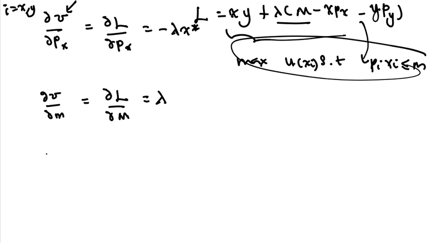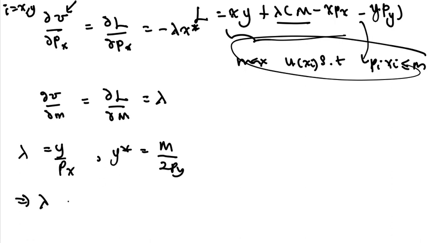If we have lambda equals y over px, isn't it? And then we have also y star equals m over 2py, isn't it? Therefore, if we rewrite it, we can have lambda with m equals 2 px py in it.